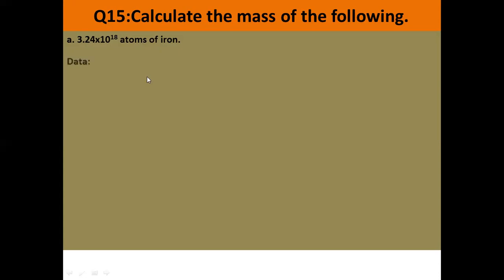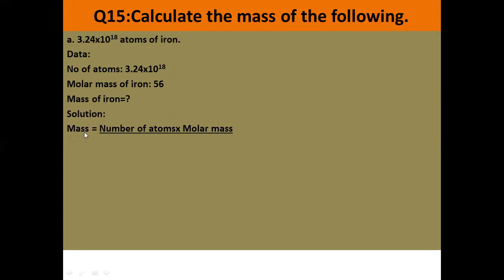So data. Number of atoms are given. Molar mass of iron 56. Mass of iron we have to find out. We will use the formula mass is equal to number of atoms into molar mass over Avogadro's number.